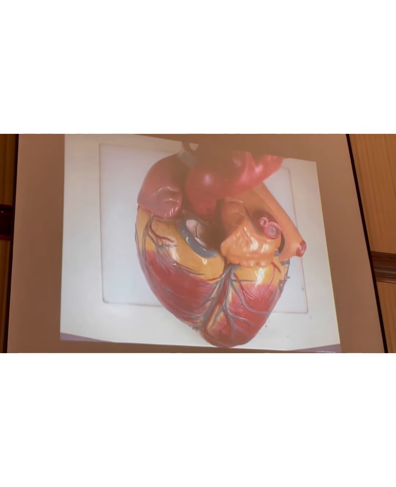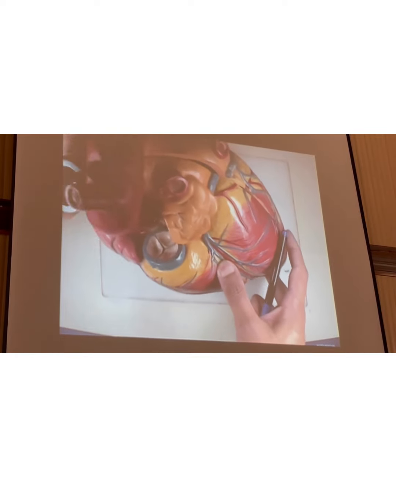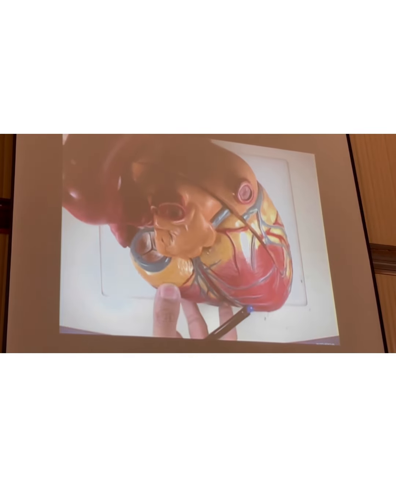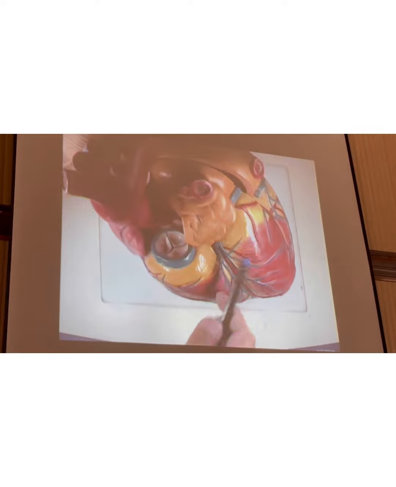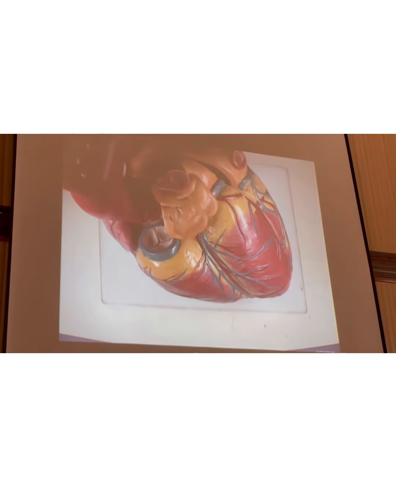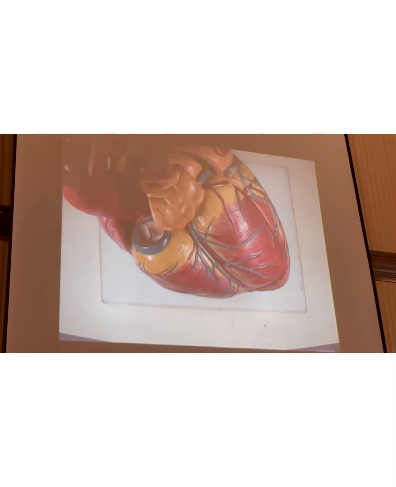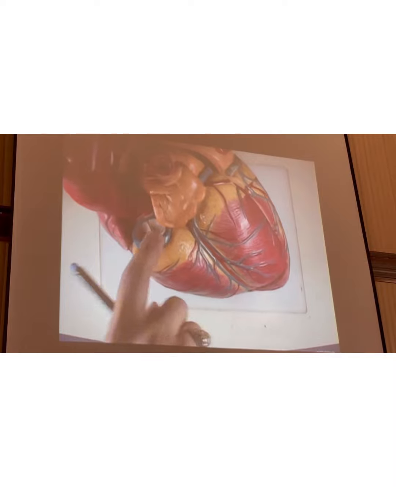Two anterior, 1 posterior for the aortic valve. While in the case of pulmonary, we have 1 anterior, 2 posterior. Is that clear? Opposite. Aorta, 2 anterior, 1 posterior. Pulmonary, 2 anterior.